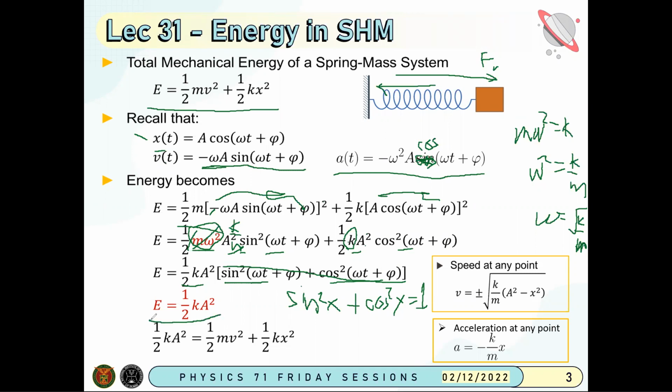So the total energy for the spring mass system is given by 1/2 k A squared, where A is the amplitude and k is the force constant of the spring. Okay. So alam natin 1/2 k A squared to, itong left hand side dito. So we get this final equation.